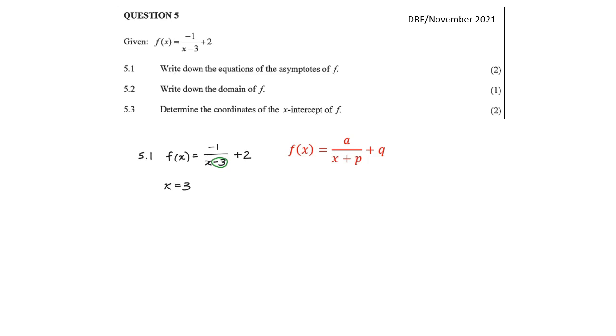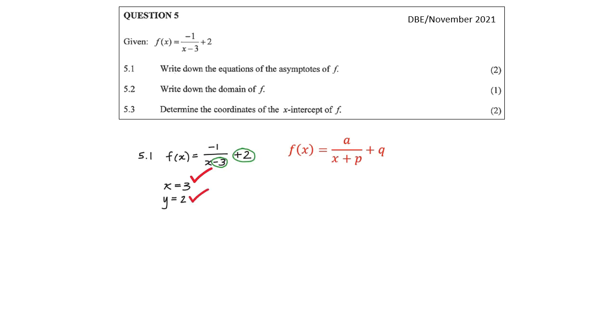The horizontal asymptote's equation is y equals q. And in this function, q is equal to positive 2, so the equation will be y equals 2. The mark allocation, you get 1 mark for x equals 3 and 1 mark for y equals 2.